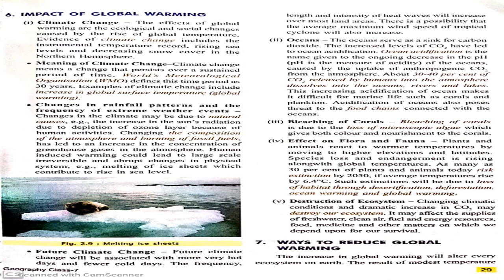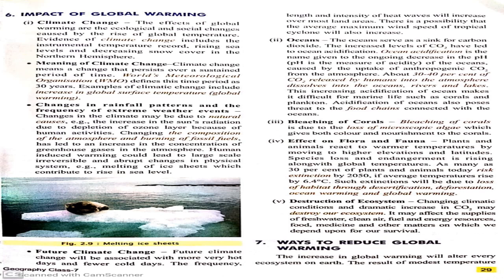Because of the increase in carbon dioxide, it is giving rise to ocean acidification. It is making the ocean water sour, acidic, right? And then it also affects marine life such as corals and plankton, okay? And it also poses a threat to the food chains connected with the oceans.